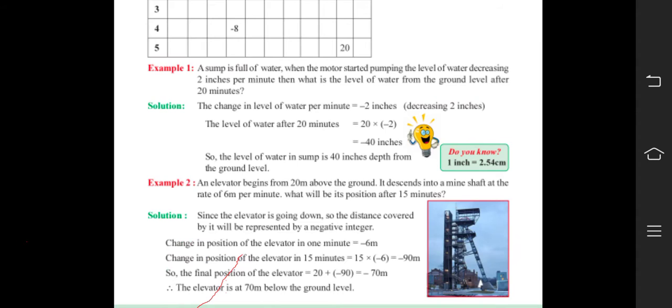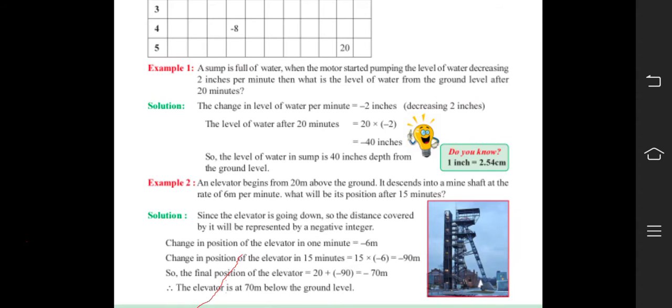Since the elevator is going down, you have to take positive integer and negative integer. It will go down means you should take a negative integer. So change in position of the elevator in 1 minute: what is the change rate? 6 meters. It will be moving down, so you should take negative.